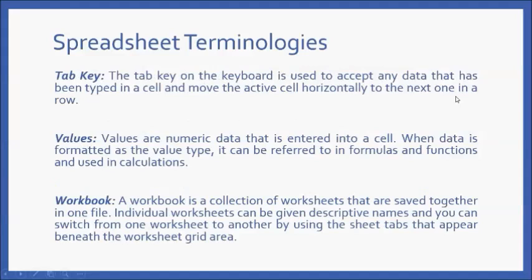Next, tab key. The tab key on the keyboard is used to accept any data that has been typed in a cell and move the active cell horizontally to the next one in a row.